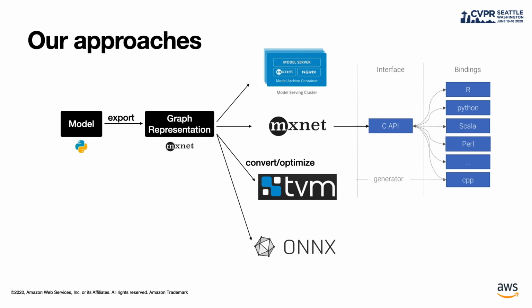It can also be converted and optimized to a TVM runtime library, or a third-party deep learning representation such as ONNX. Today I will only focus on the MXNet and TVM deployment methods, but you will always find helpful resources on the internet for using the static graph representation in a model server or with ONNX.